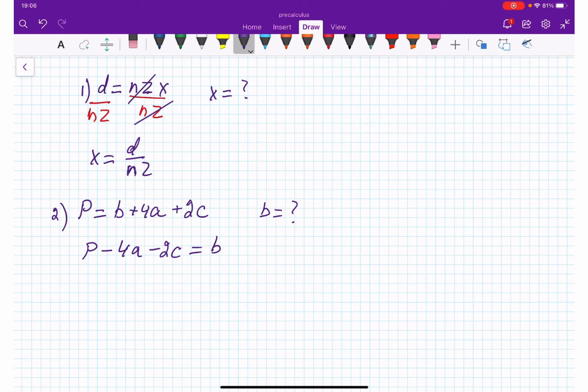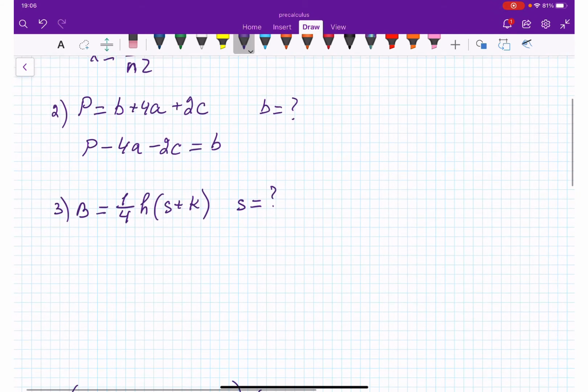Next one, number 3. B equals 1/4 H times S plus K, and we need to find S. Before we find S, first of all, we need to find S plus K, right?